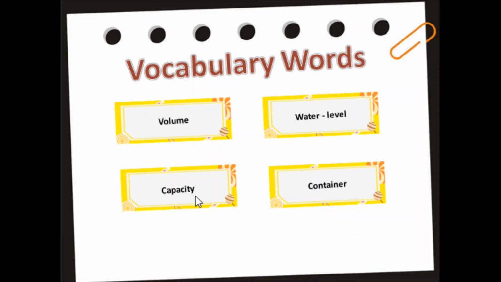Well done. We have water level. Very good. And lastly, what's the word? Container. Very good. These are the four important vocabulary words that we've met along the video, tackling capacity.